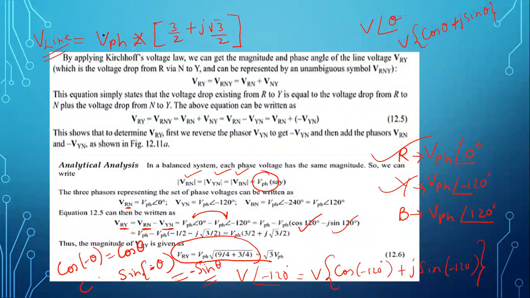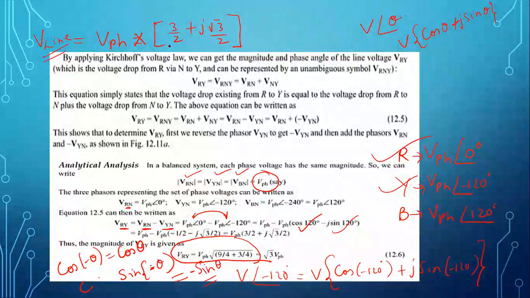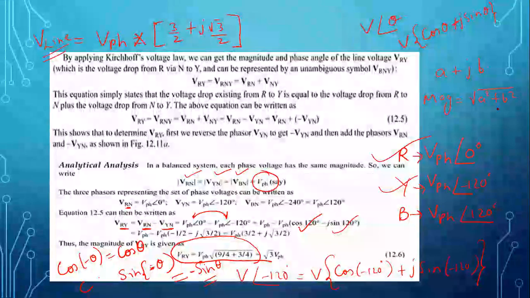Now your VPH is a common term here. So this is 3 by 2 and j times root 3 by 2, in the form of a j operator: a constant plus j times an imaginary part. If I want to calculate the magnitude, this is in the form a plus j b, so my magnitude is always root over a square plus b square.